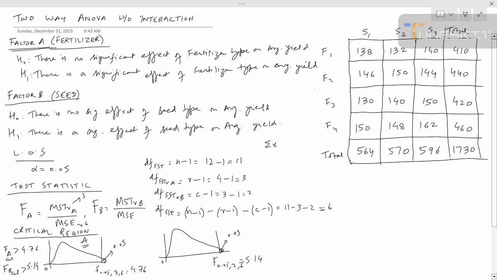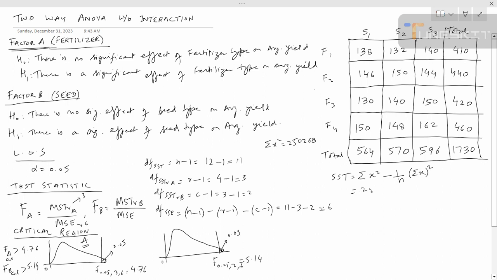Sum of x squared is equal to 250268. This we will be using to get the sum of squared of totals computed using this formula: summation x squared, take away 1 upon n times summation x whole squared.